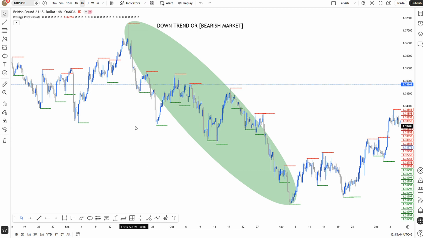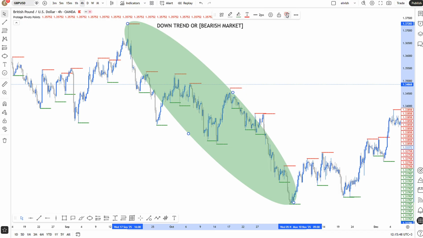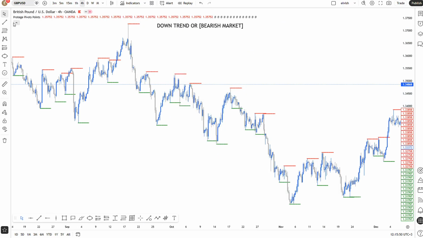So let me delete this. Actually, let me leave this indicator here. As I told you, if you see here, this was the beginning of our trend to the downside. So now let's use our path.